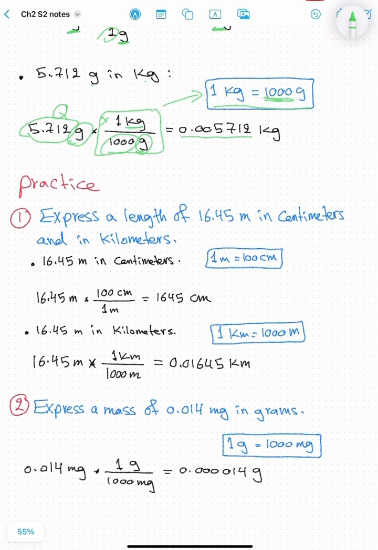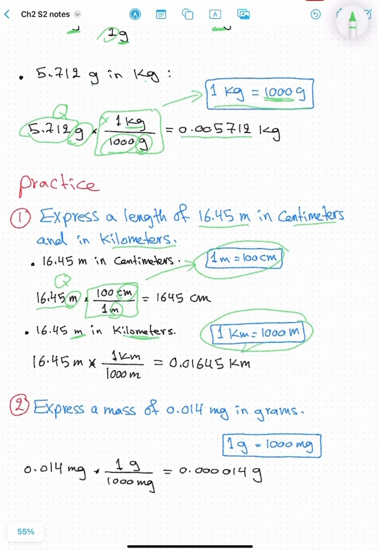Same thing goes for the two practice questions. You have to express the length in meters and centimeters and kilometers. The relationship, write it down for both of them. Again, what do you have from the question? This many meters, times the conversion factor from the relationship. We have meters should be right across, and the other one above. Same thing goes here, from meters to kilometers.